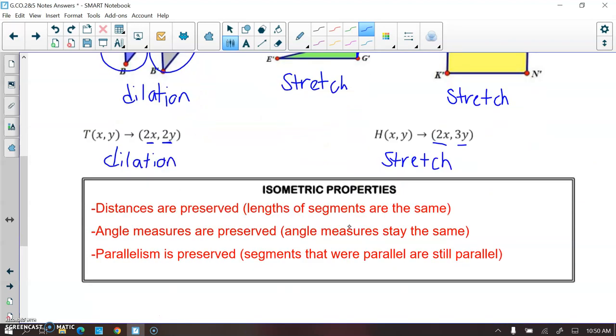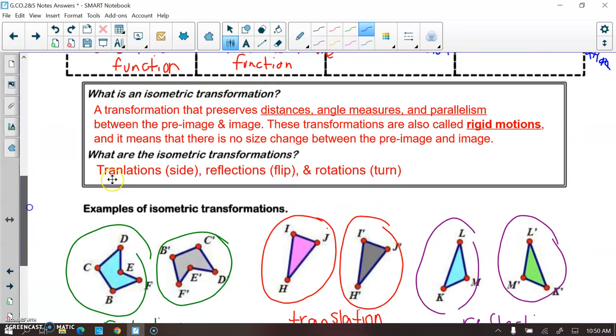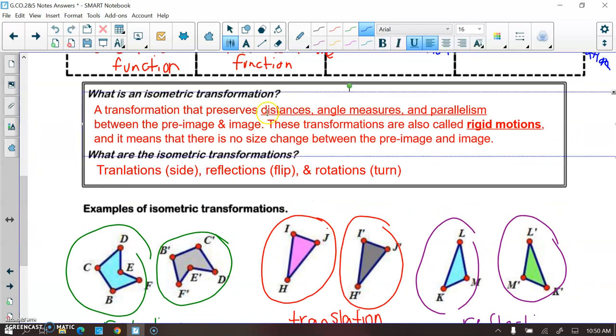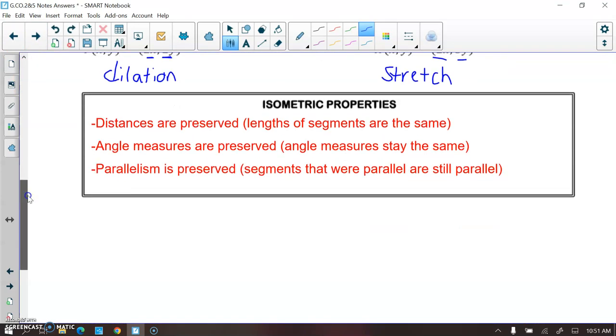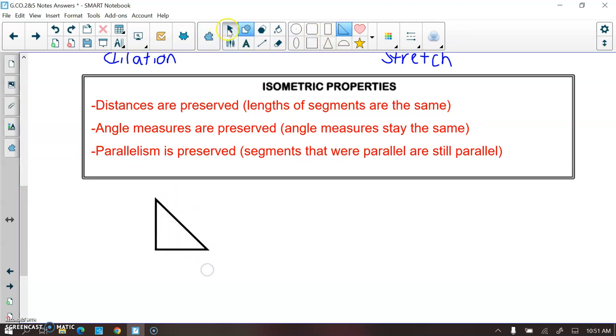All right, so now I talked about what preserving distances, angle measures, and parallelism means. Those are the three isometric properties, and we're going to talk about what that means. It may be helpful for you to draw yourself a figure.